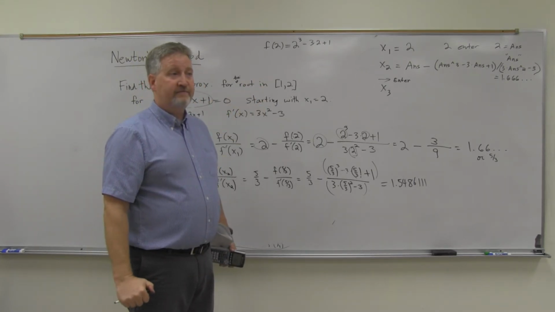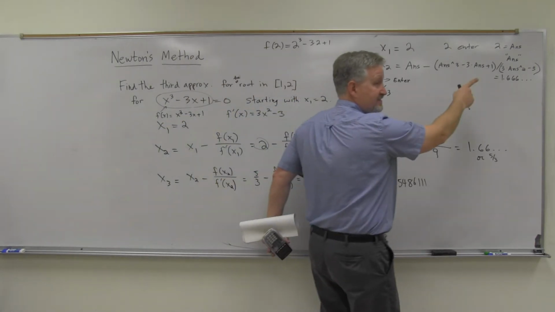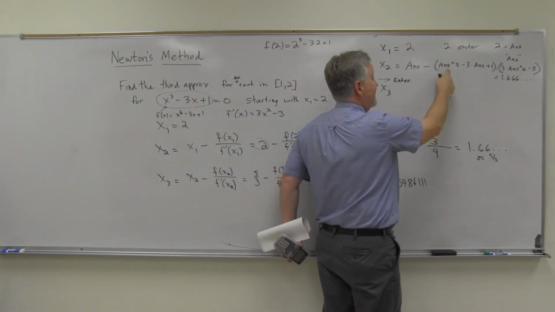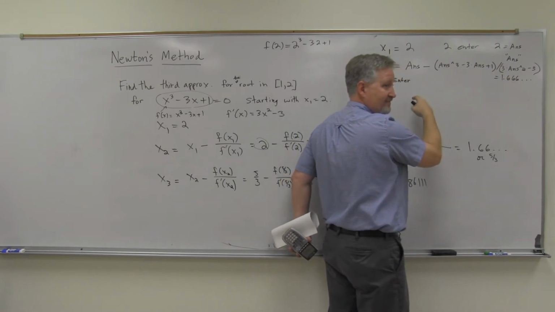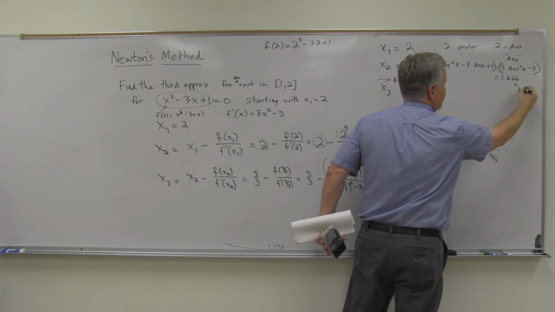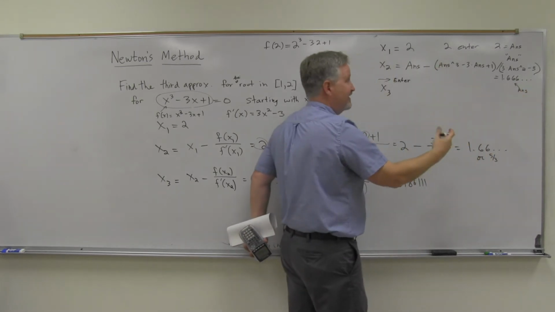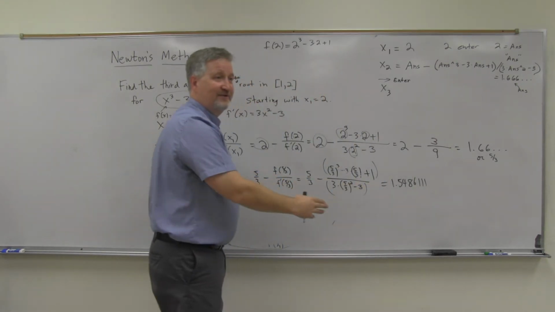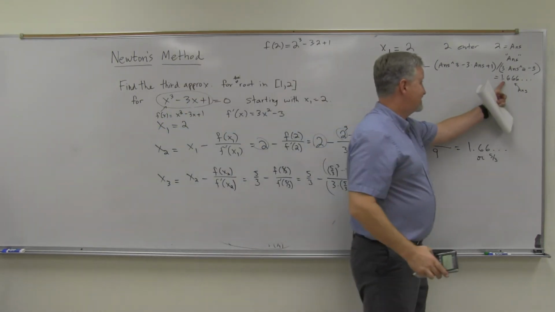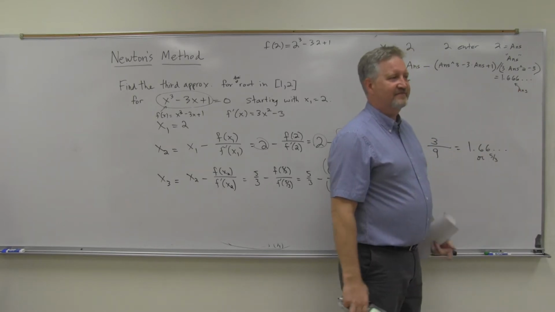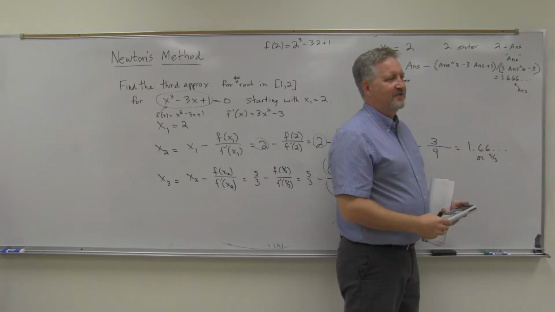Why did it make it different? Because the ANS is different, you see. It picks this up as ANS. And so when I hit enter again, it just does that whole thing again, which is exactly what I needed to do: take this and plug it into that. Just hitting enter does it, you see. So it's really, really nice.